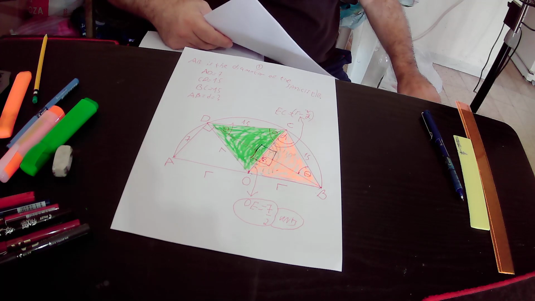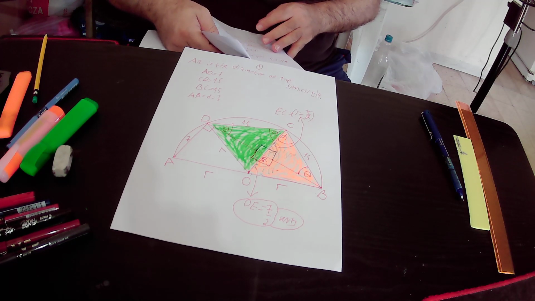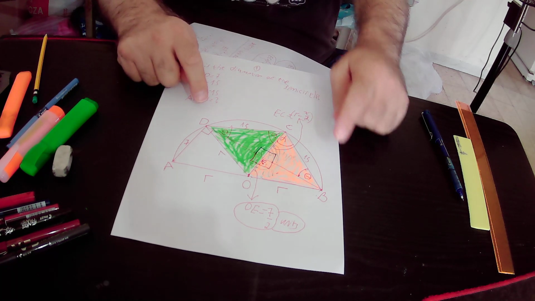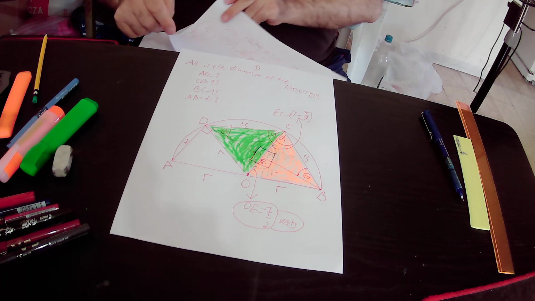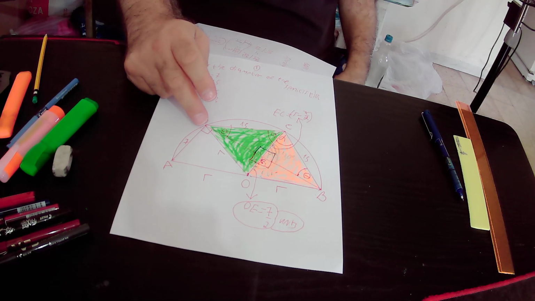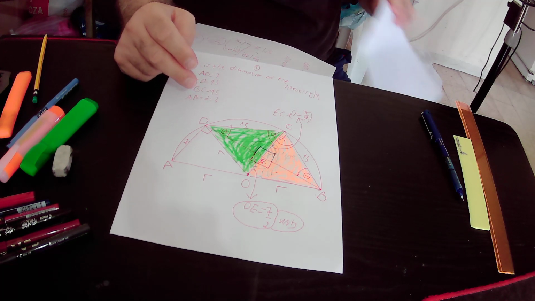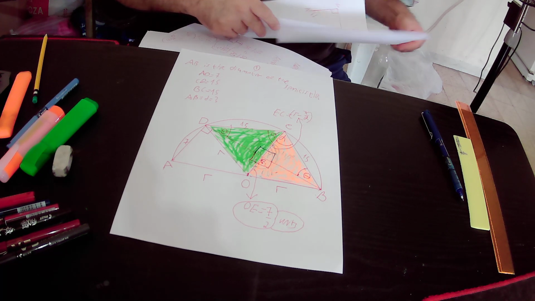Okay, so first of all, we made a construction. We connected together points D and B by a straight line, and so here angle ADB was created by the construction, and actually angle ADB is a right angle.